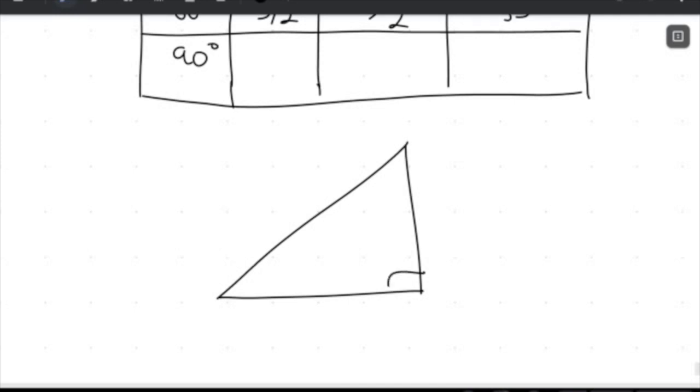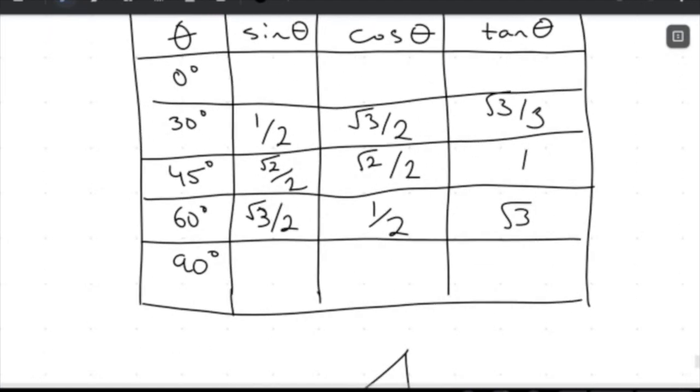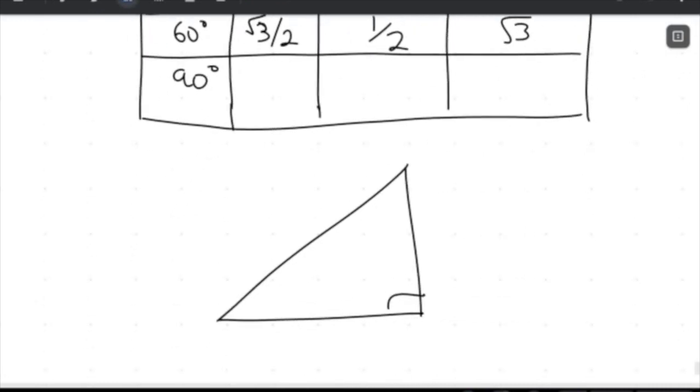And later on, particularly in next year's content, we're going to look at the unit circle and how we can show these as well using the unit circle. Now imagine we had an angle of 0. So say this is my theta. And let's see what happens as my angle approaches 0.